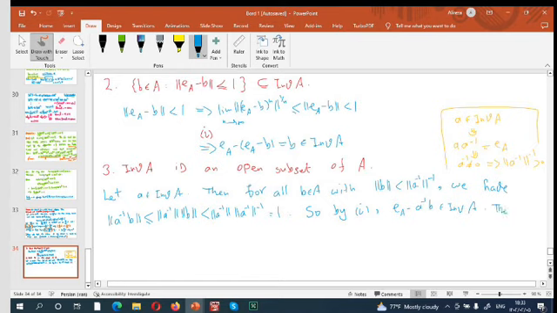Therefore, A minus B, or this element A multiplied by EA minus A minus 1 B, these two are equal, okay? Must be invertible.